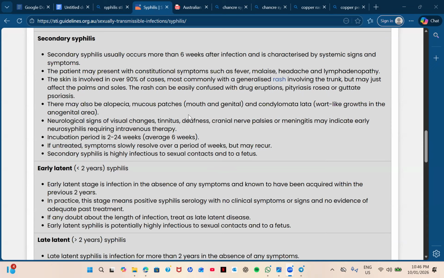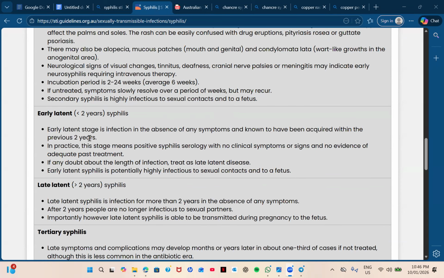Okay, the third one is early latent syphilis. Early latent syphilis is infection in the absence of any symptoms, known to have been acquired within the previous 2 years. In practice, this stage means positive syphilis serology with no symptoms at all. If there is any doubt about the length of infection, treat as late latent disease.